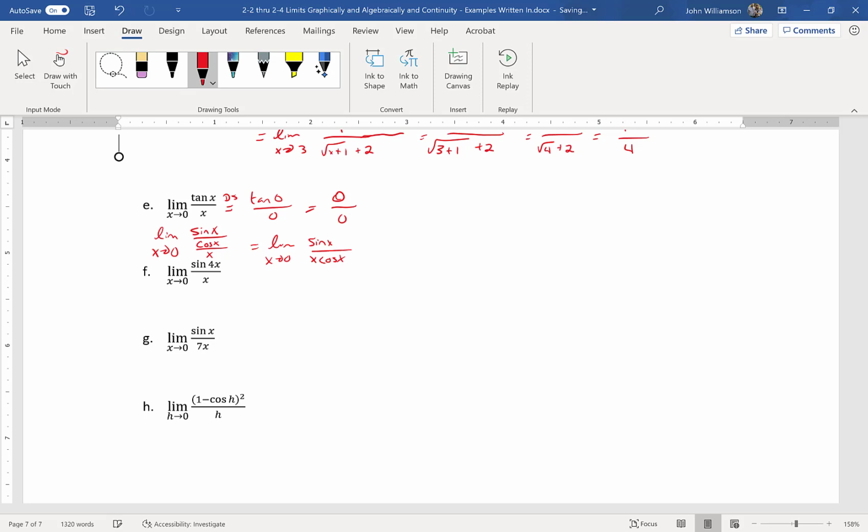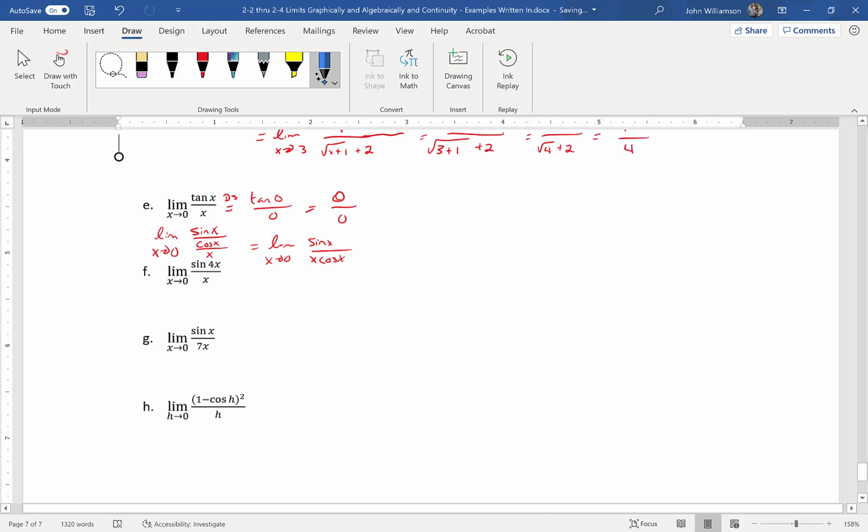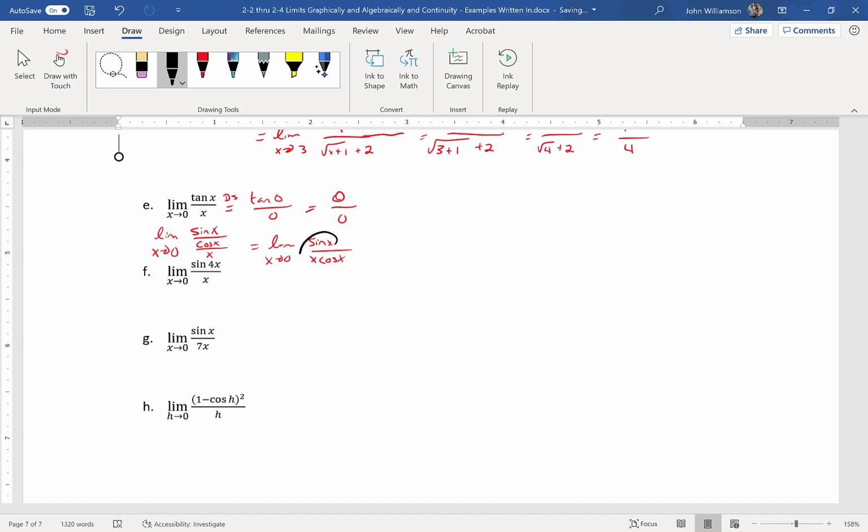Well, we still got that 0 over 0, right? Because sine of 0 is 0. And we still got the 0 in the denominator for x. So what can we do? Well, you should hopefully recognize at this point that you have limit as x is approaching 0 sine x over x here, right? One of those special trig functions I told you to memorize.